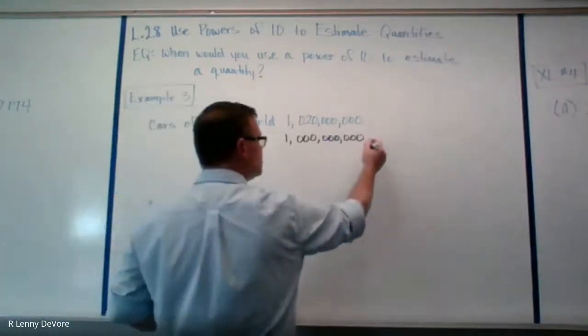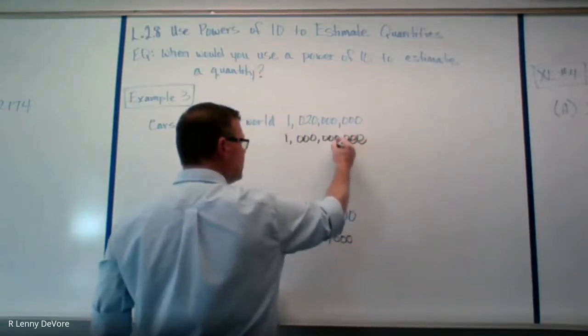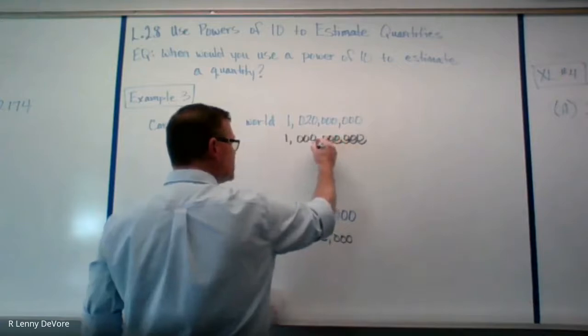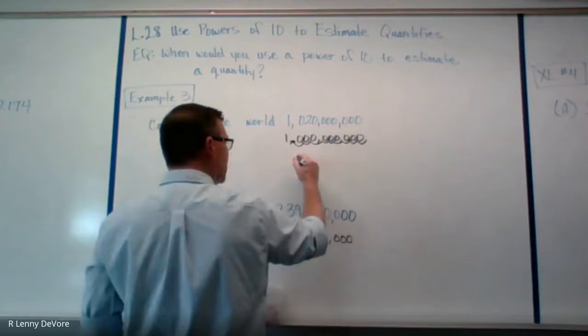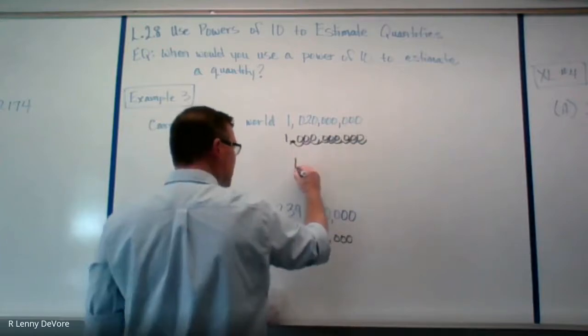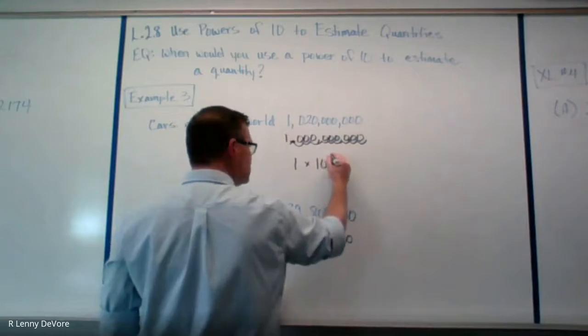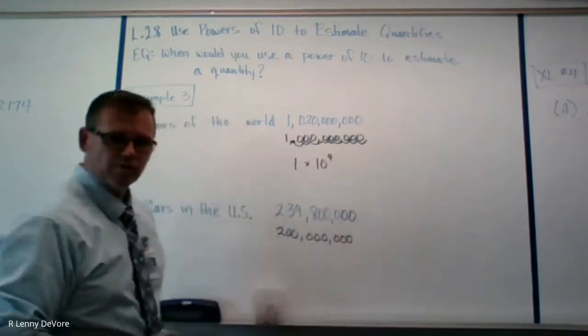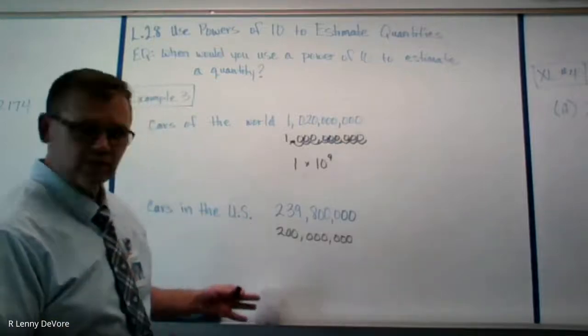So we would do this: 1, 2, 3, 4, 5, 6, 7, 8, 9. So we're moving it 9 places. So my 1 times 10 to the 9th power. Hopefully you guys can see that pretty well. So it's 1 times 10 to the 9th power.